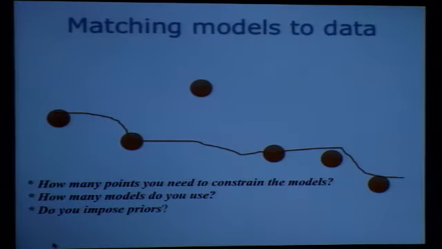The more, the happier, we would say. But sometimes you use models that you know a priori, like the indices that we discussed yesterday. Maybe they don't give you exactly the information, they produce more noise. And the other thing that is also much discussed is, do you impose priors?